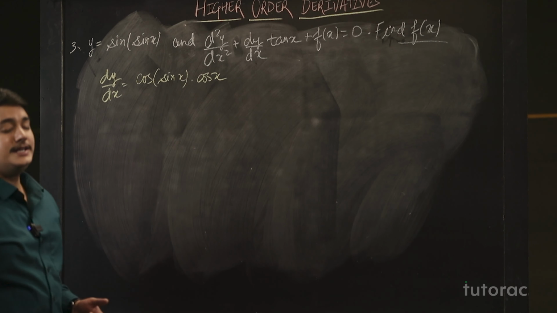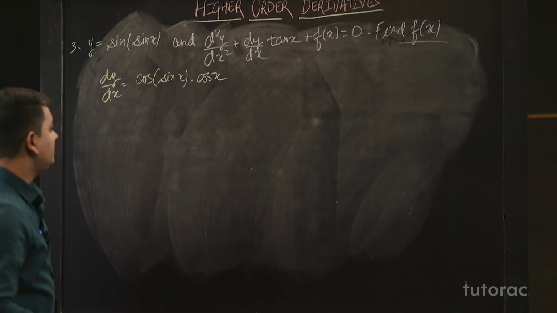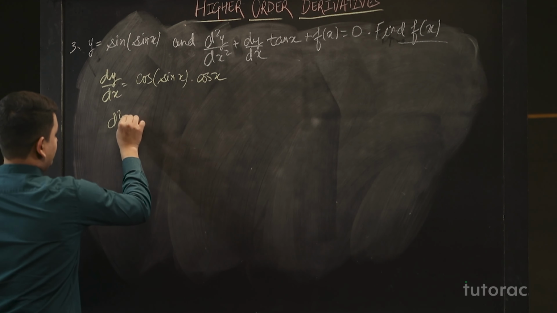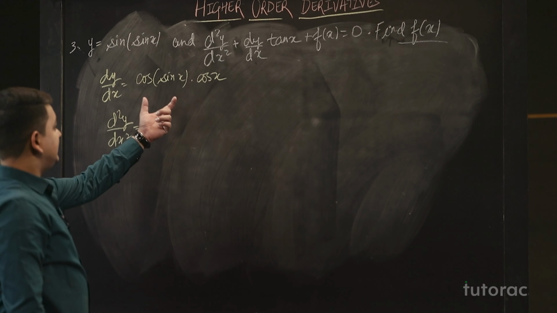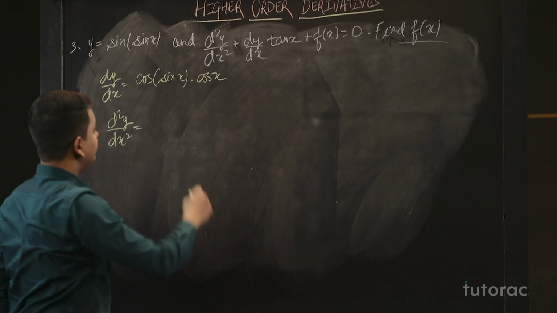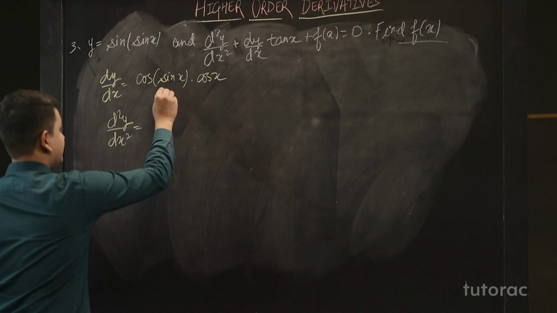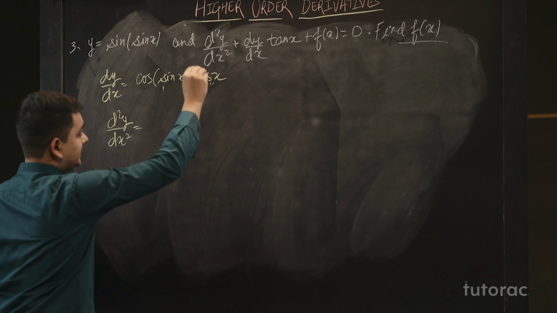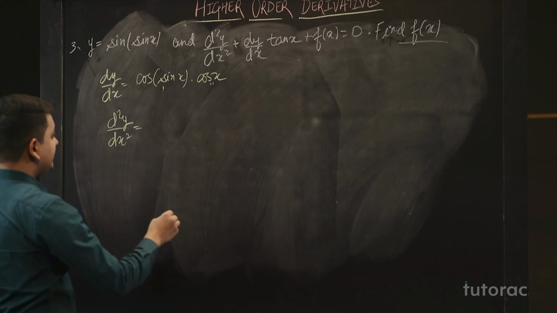Now differentiating this function again to get d²y/dx², these are multiplication of two functions, that is cos(sin x) into cos x. So let us consider this as first function and this as second function, and we can use the product rule here to find the derivative.